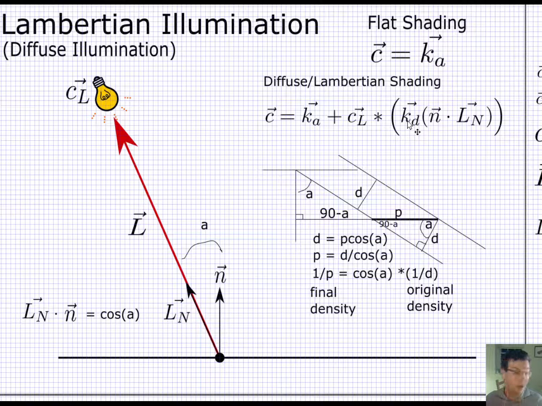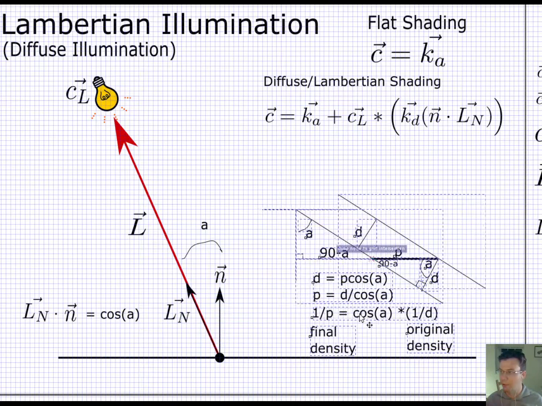That's going to tell us how the material reflects light. It's reflecting equally in all directions, but it doesn't have to reflect all the light. Like I said, it could be a red material, it could be a green material. So that's how much it's going to reflect back. But we also have this term n dot Ln, so that's going to get us to fall off as a cosine. So we've got the ambient term plus the diffuse term.